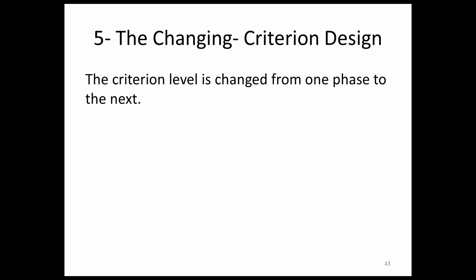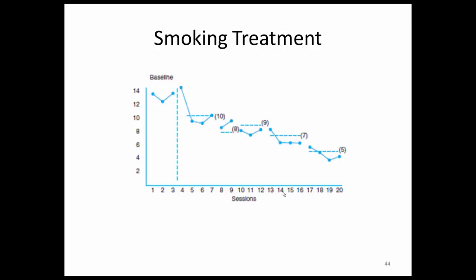Another version of the AB design is the changing criterion design. For example, if you're treating a patient who has a smoking problem, you start with your baseline, and you see the baseline is about 12 to 14 cigarettes per day.